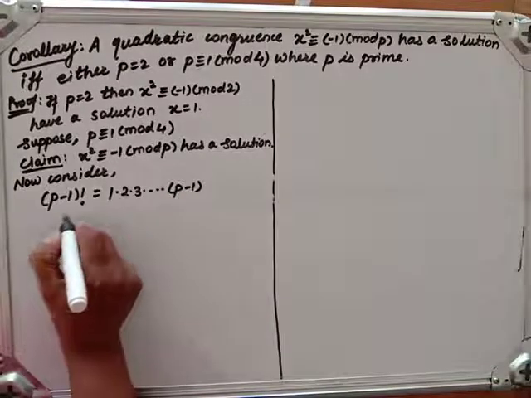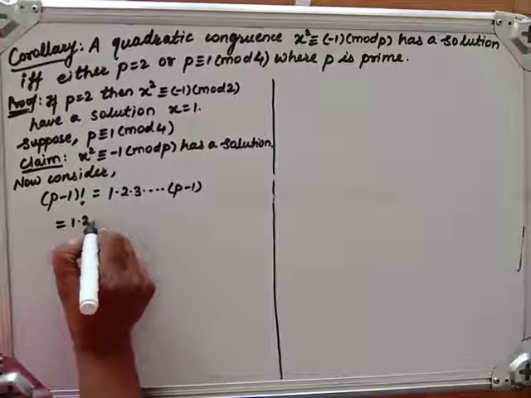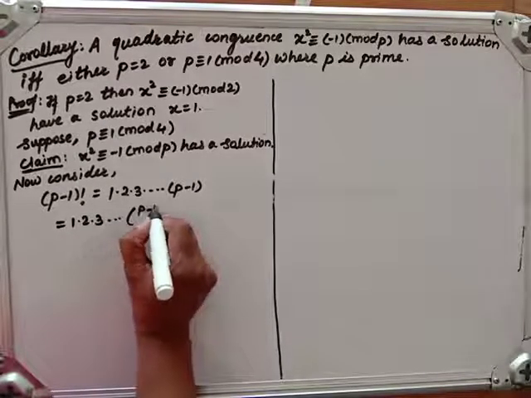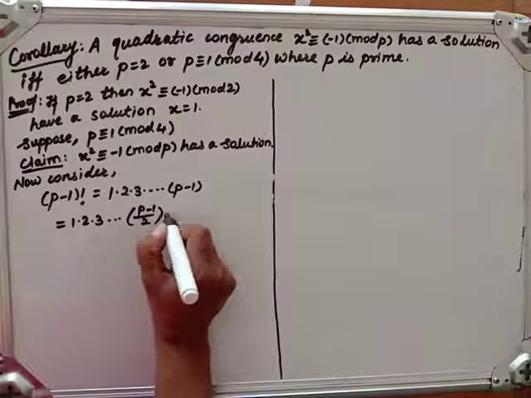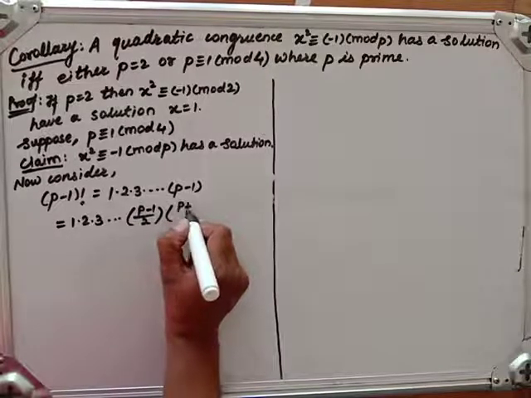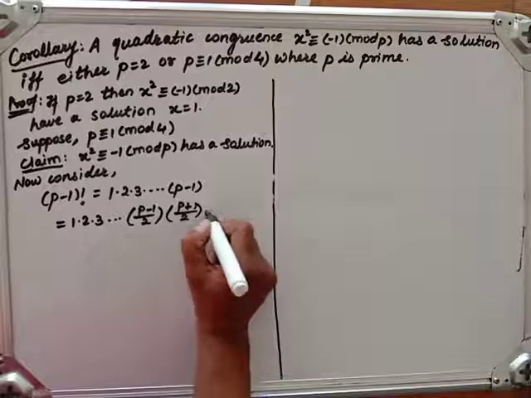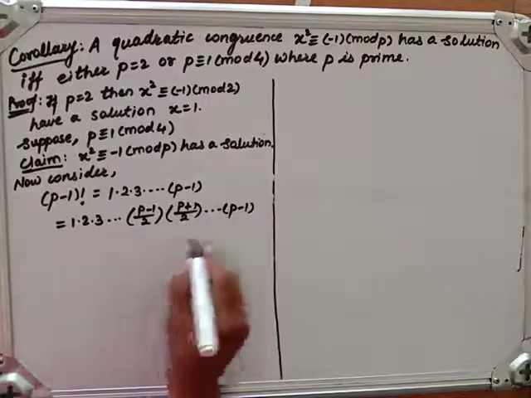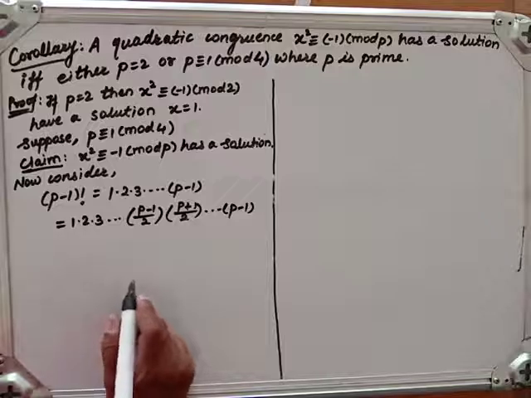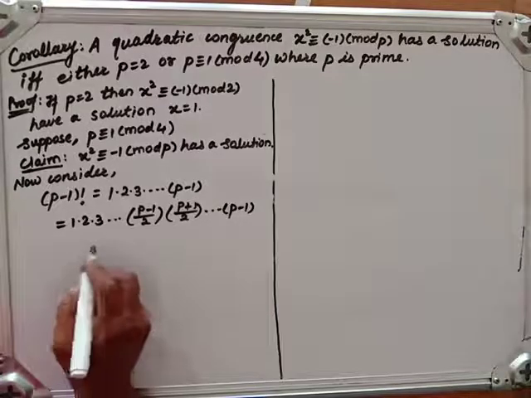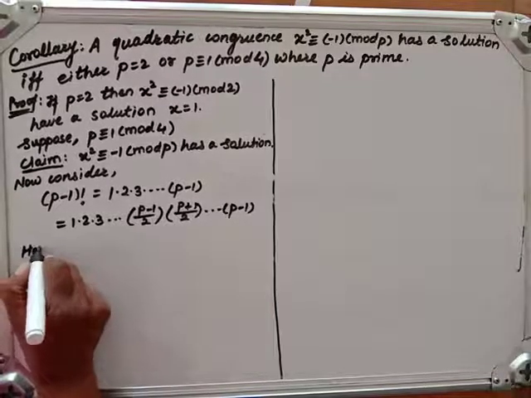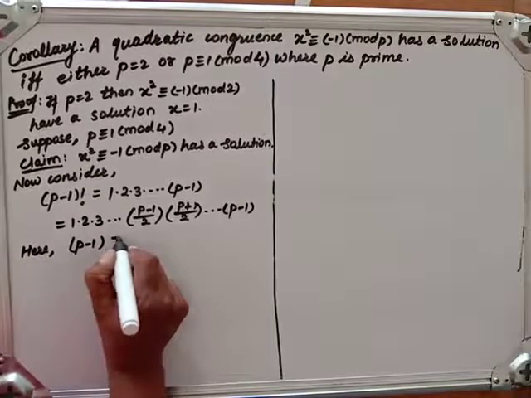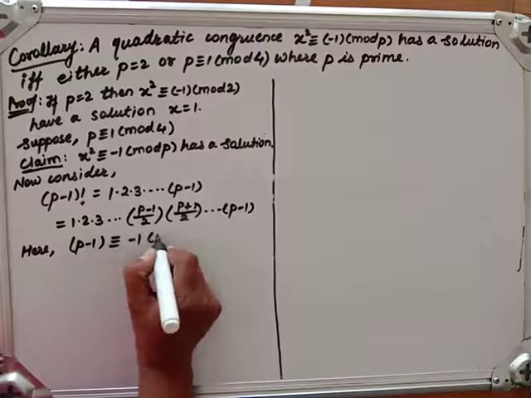That can be written as 1 into 2 into 3 so on up to (p minus 1) upon 2, into (p plus 1) upon 2 and so on up to p minus 1. In between, I have taken the middle two halves. Okay, we know here p minus 1 is congruent to minus 1 modulo p.